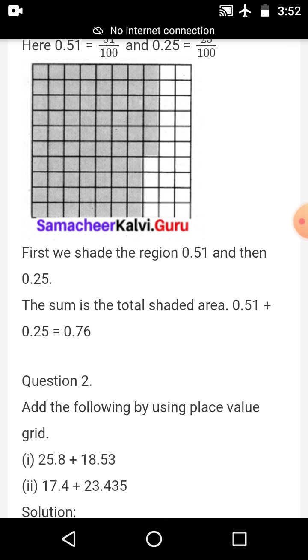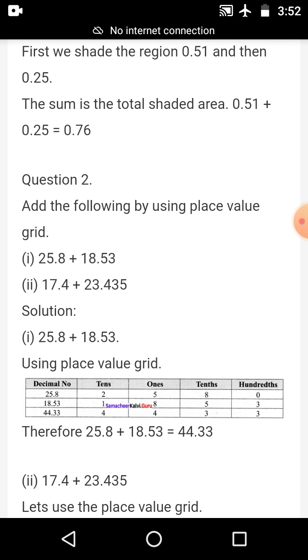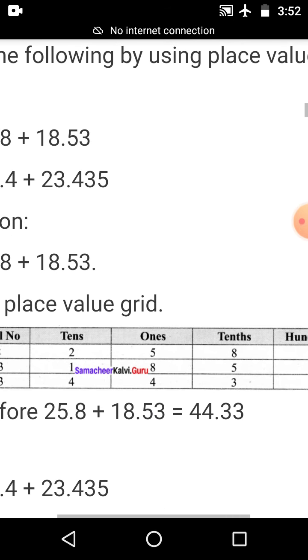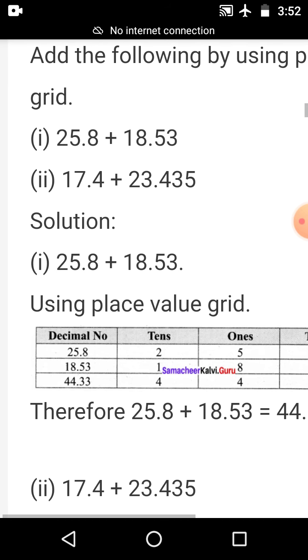Second sum: add the following by using place value grid. What is a place value grid? You can see it in your book, on the previous page.